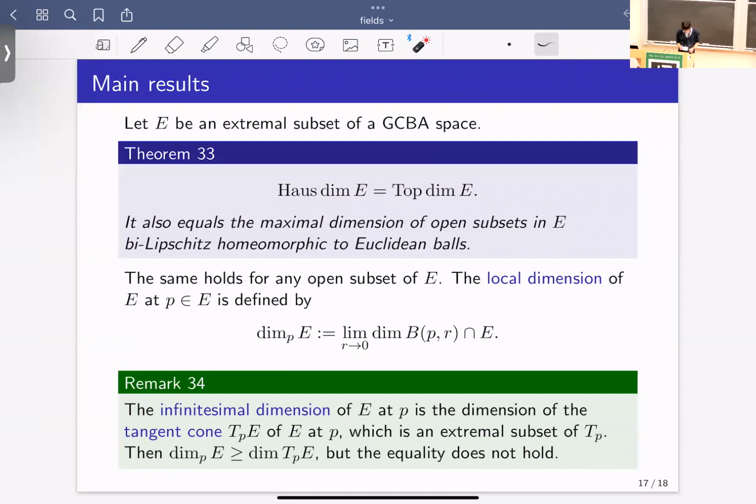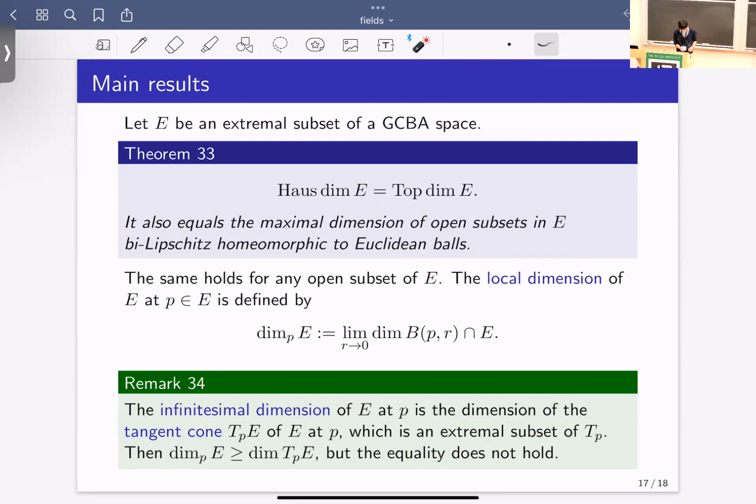Okay, so I will conclude my talk with the structural properties of a general extremal subset in a GCBA space. So first, we see that the Hausdorff dimension is equal to the topological dimension for an extremal subset of a GCBA space. And it also equals the maximal dimension of open subsets in E that are bi-Lipschitz homeomorphic to Euclidean balls.